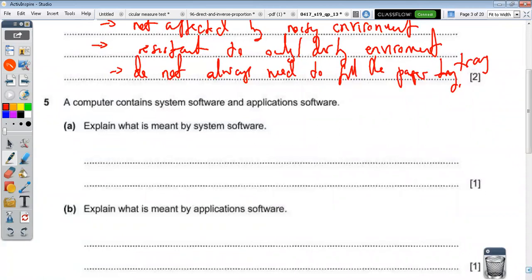A computer contains system software and application software. Explain what is meant by system software, one mark.